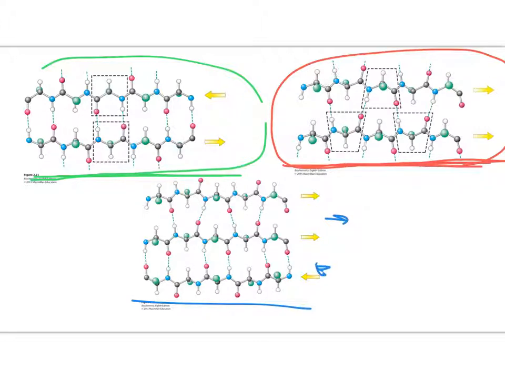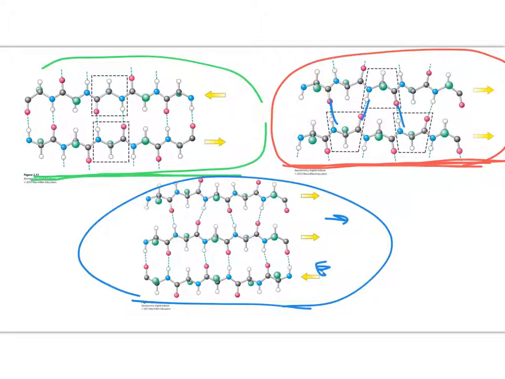So this is going to represent our mixed. Now with the anti-parallel versus the parallel, you see that the hydrogen bonding, when you have these parallel structures, will end up being shifted or distorted relative to the hydrogen bonding that we see in the anti-parallel.